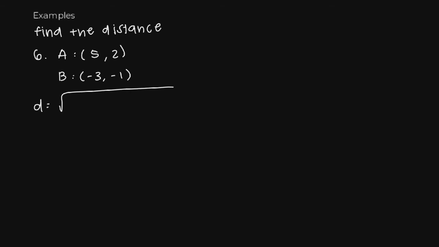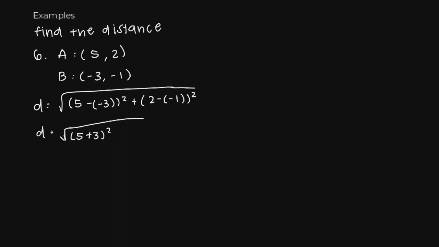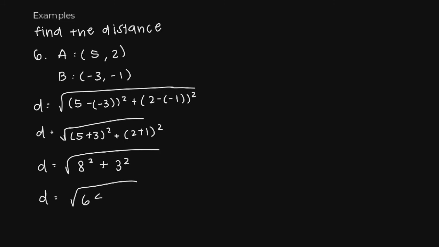So d will equal the square root of 5 minus negative 3 squared plus 2 minus negative 1 squared. 5 plus 3 squared plus 2 plus 1 squared. 5 plus 3 is 8, so we get 8 squared plus 3 squared. And then that's 64 plus 9. So that means the distance is the square root of 73.